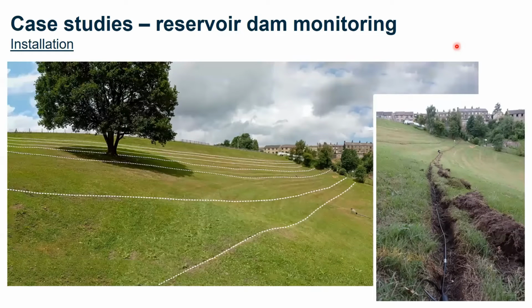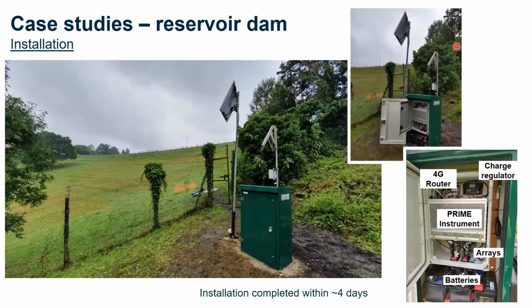And you can see one of these lines being buried for more safety as the installation is permanent and we acquire data on a daily basis. Here is the instrument with a solar panel feeding the batteries, and the PRIME instrument itself and the router, which enables the remote communication with the system.